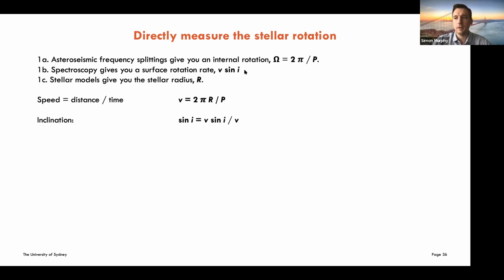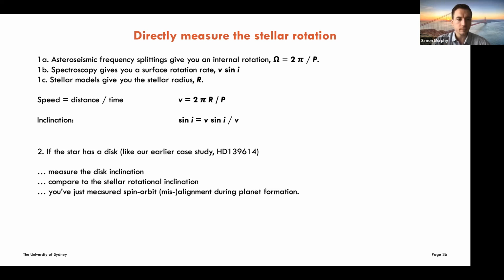From spectroscopy, we measure V sin i, that's the surface rotation rate, but it's convolved with the unknown inclination angle. And your best fitting stellar model will give you a stellar radius. And then you can use some first year astronomy algebra here, and you can do your speed equals distance over time, and you can rearrange your equation for the inclination. So basically you can work out the inclination of the star based on your observed V sin i and your observed omega, your frequency splitting.